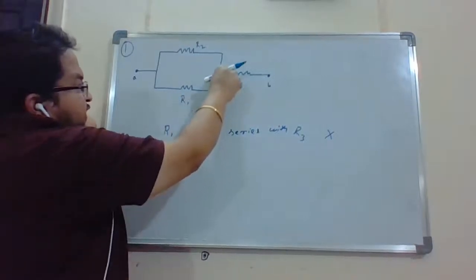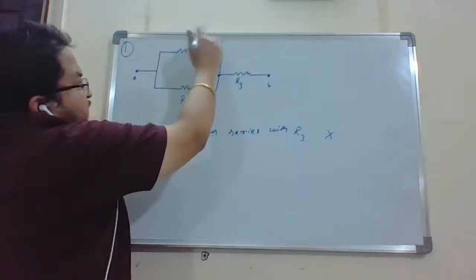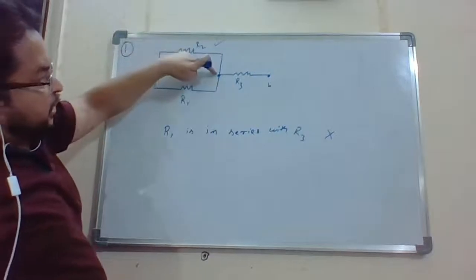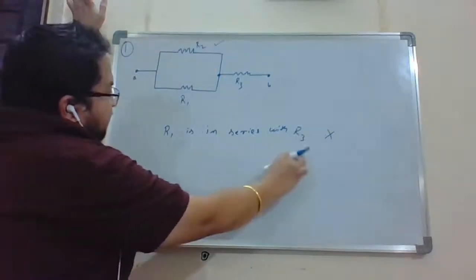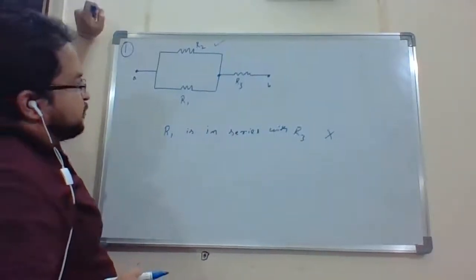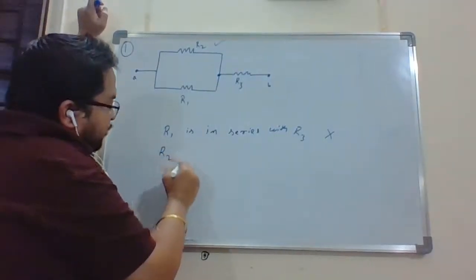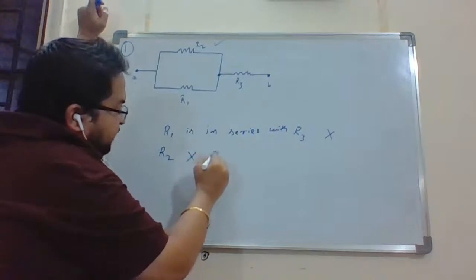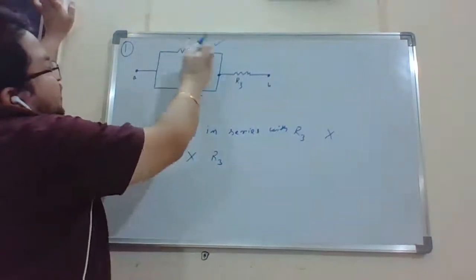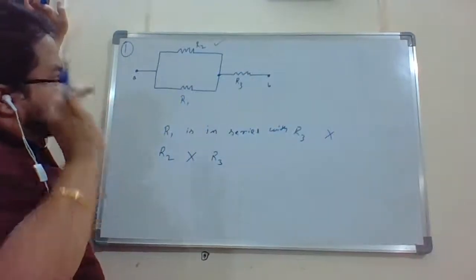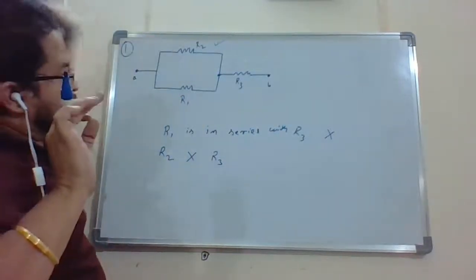If R1 and R3 are meeting here, there is this disturbance R2, so a third one is also connected. So I cannot say that R1 is in series with R3. Similarly, R2 is also not in series with R3. So to start with this circuit, I cannot say which two are in series.